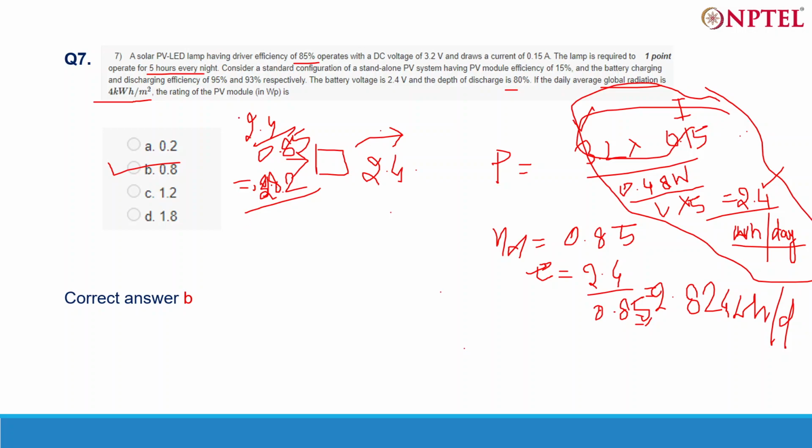The battery has an efficiency for charging and discharging, so we multiply the charging and discharging both. Suppose this is the battery, this is the power here. So the power input to the battery is divided by 0.95 into 0.93.